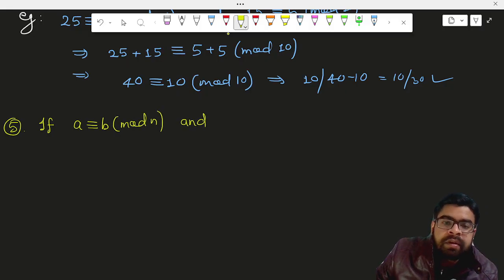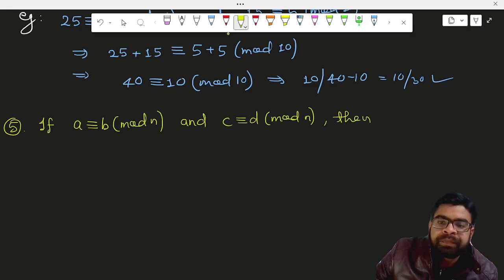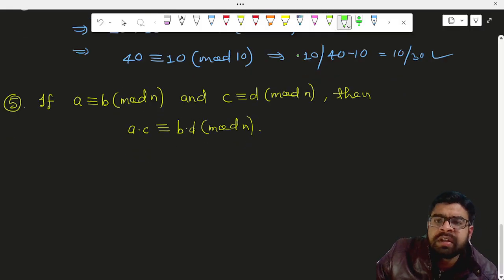and C is congruent to D modulo n, then A into C is always congruent to B into D modulo n. Let's take an example.